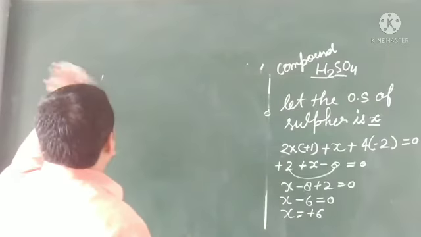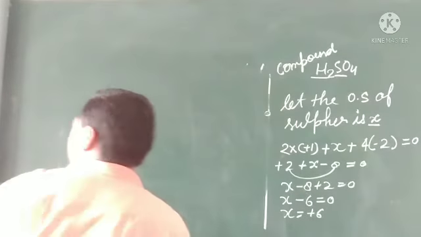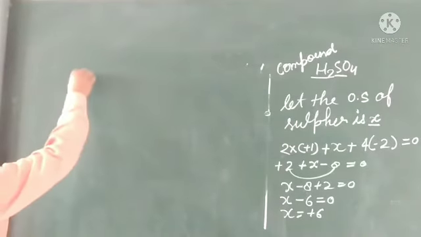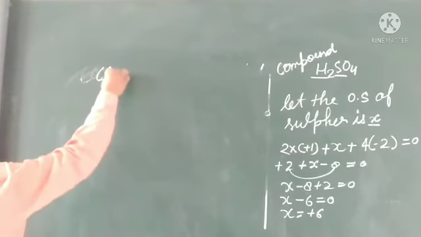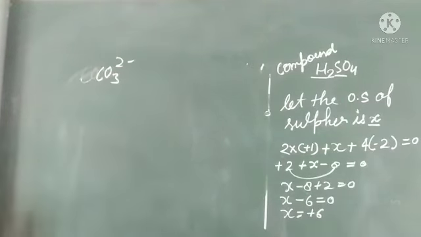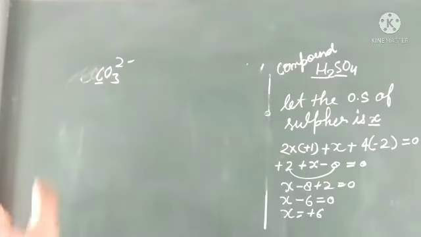Next I am going to calculate the oxidation state of ions that are composed of more than 2 atoms. Like this, if I am taking here carbonate, CO3 2 minus, I am going to calculate the oxidation state of carbon.